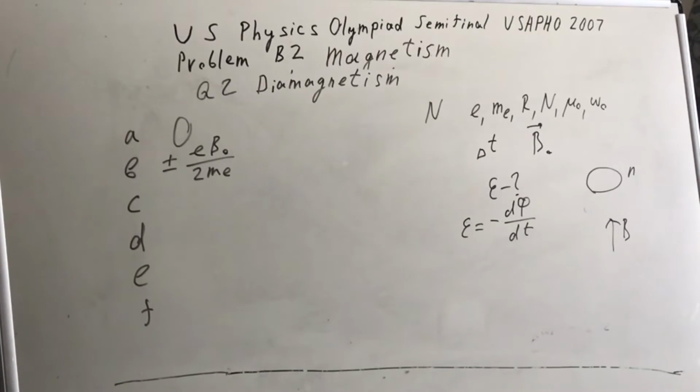But our electron for time delta t made n turns. It means that this EMF acts on the electron n times.